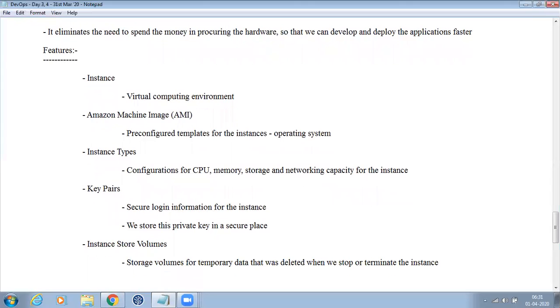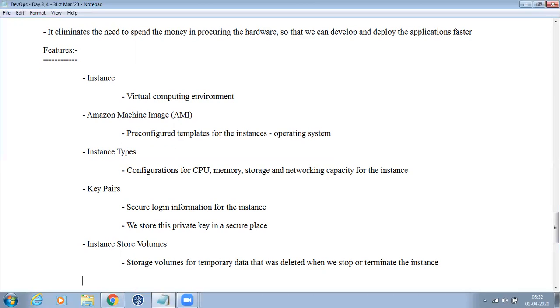Okay, what it is? Whenever we are creating an EC2 instance, it will allocate a storage space which we call a storage volume or store volume for the respective server or instance. So whatever activity we perform, that will be stored in this volume.